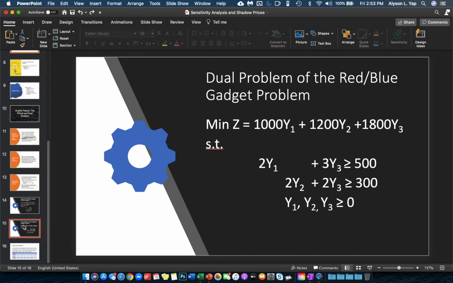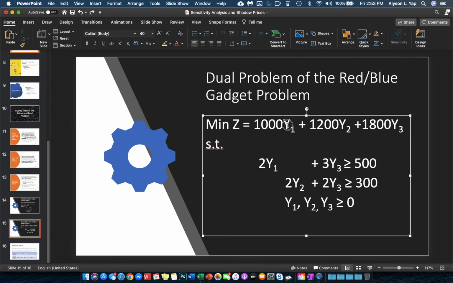So what is Y1? What is Y2? And what is Y3? Generically, we mentioned that Y1, Y2, and Y3 are the shadow prices of your steel, wood, and labor. Okay? Let's leave it at that first.